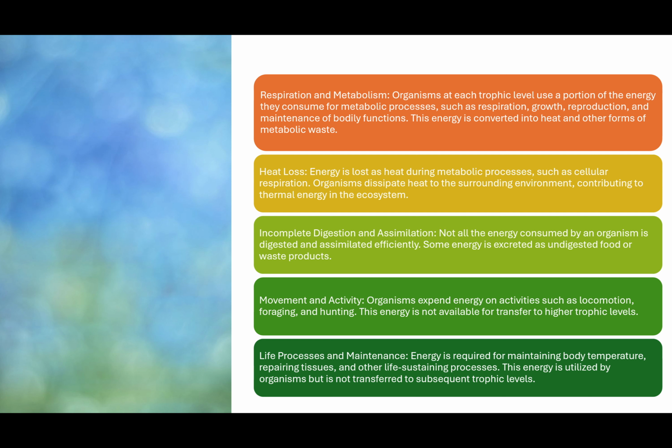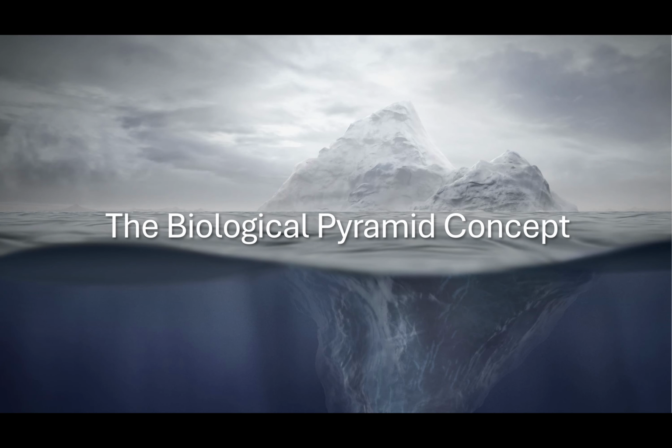Homeostasis itself requires energy. So we can see how many different ways we use up or lose energy. Only around 5 to 20%, or in our case 10%, of the energy will be transferred to the next trophic level. Any questions or concerns before we move on to the biological pyramids concept?